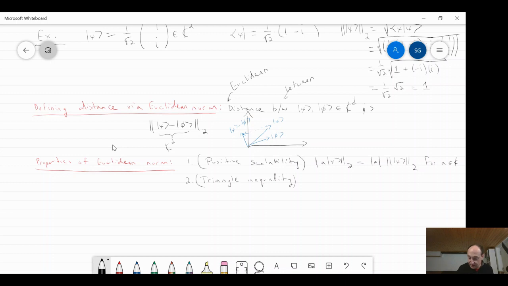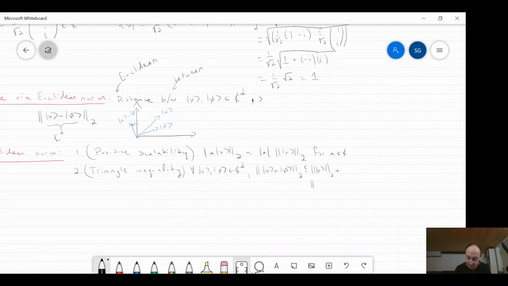Okay, and what this says is that for all states psi and phi, which live in some space C^d, the norm of psi plus phi is always upper bounded by the norm of the first vector plus the norm of the second vector.